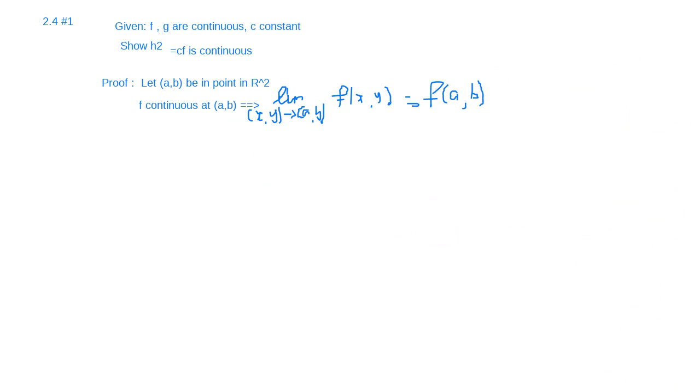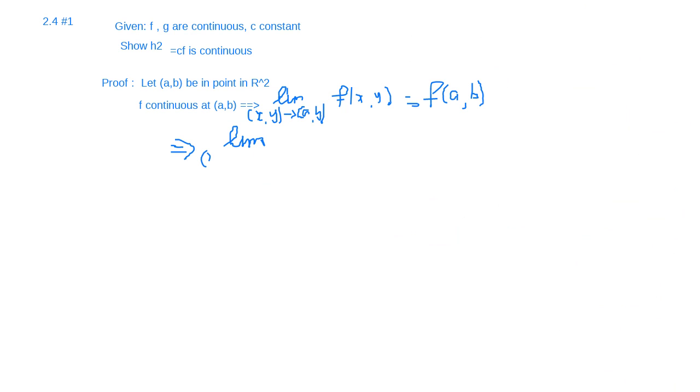Okay? Now, if we apply the limit laws, what do we know about the limit of a constant times a given function? We know that that limit will be the constant times the limit.